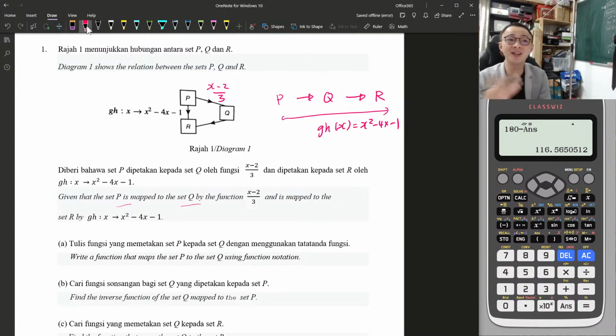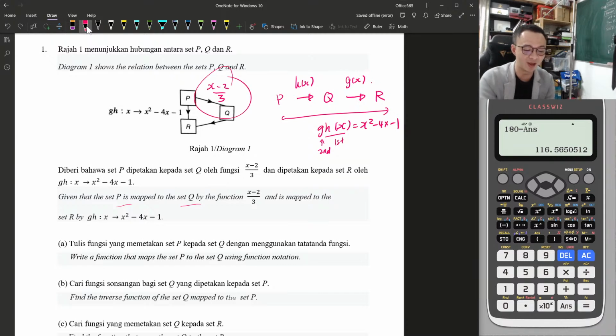If you learned about composite functions before, you should know that we substitute the hx first, then only the gx, isn't it? So the first one must be the hx, the second one is the gx. And we know our hx is equal to x minus 2 over 3.